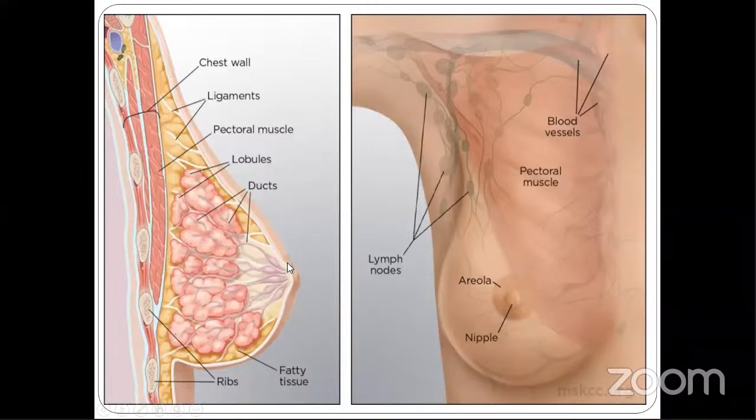This area is lubricated by a gland. This gland is very, very important. What is the name of this gland? This gland is called Montgomery gland. What is the clinical importance of this gland?